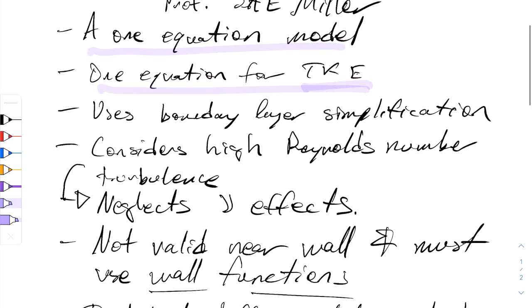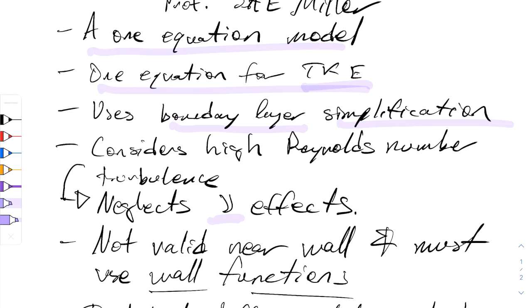This particular model is using a boundary layer simplification, which we previously discussed, and it is limited to high Reynolds number flows. In fact, the model neglects the typical molecular viscosity effects within flows, like nu.